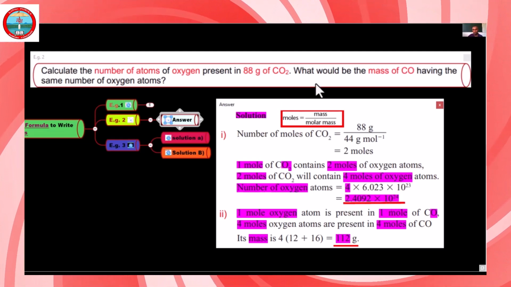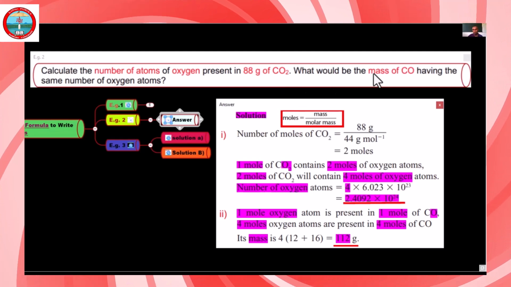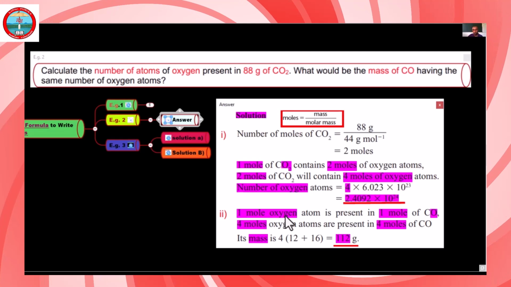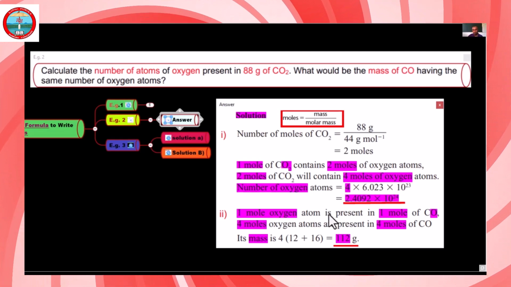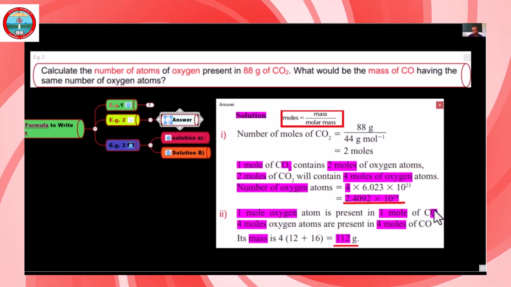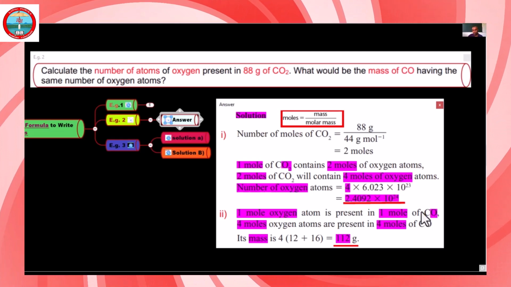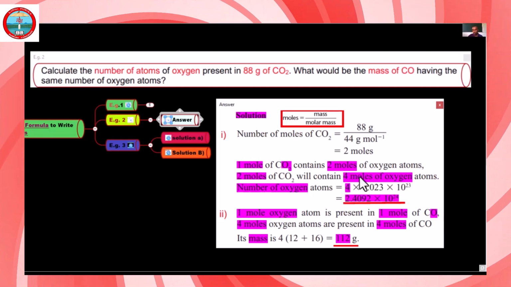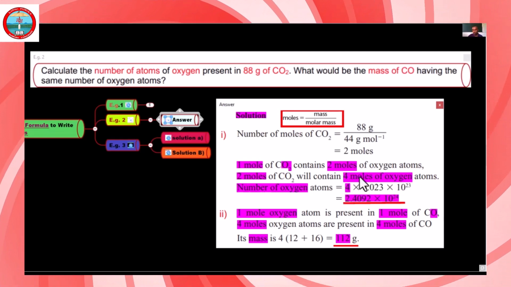For the second one, what would be the mass of the carbon monoxide having the same number of oxygen atoms? In 1 mole of carbon monoxide we have 1 mole of oxygen, and we were given 4 moles of oxygen atoms in the carbon dioxide in the previous part.